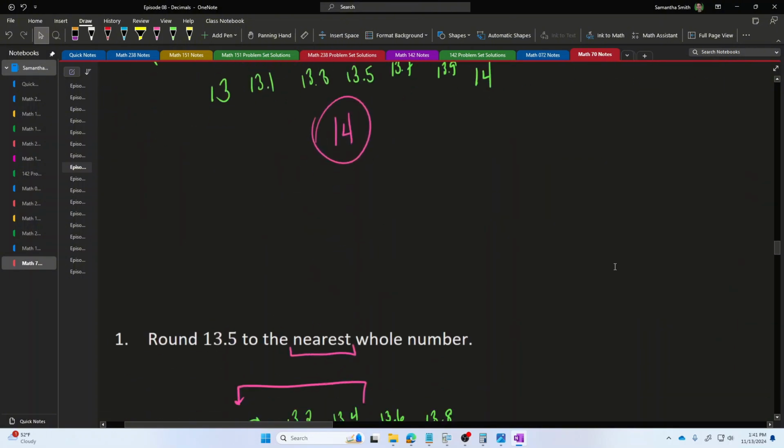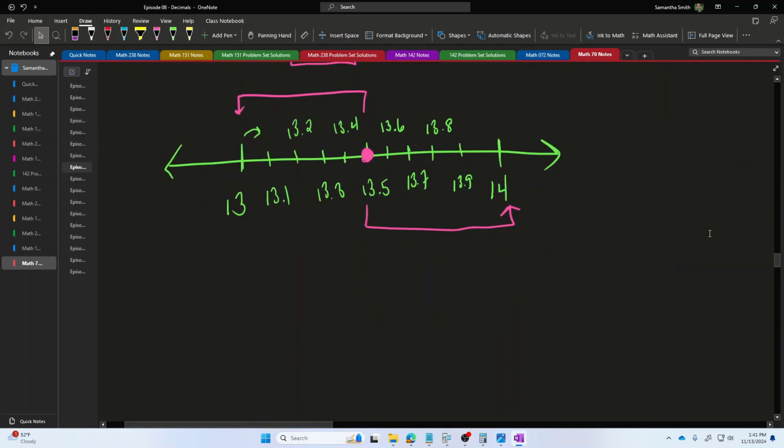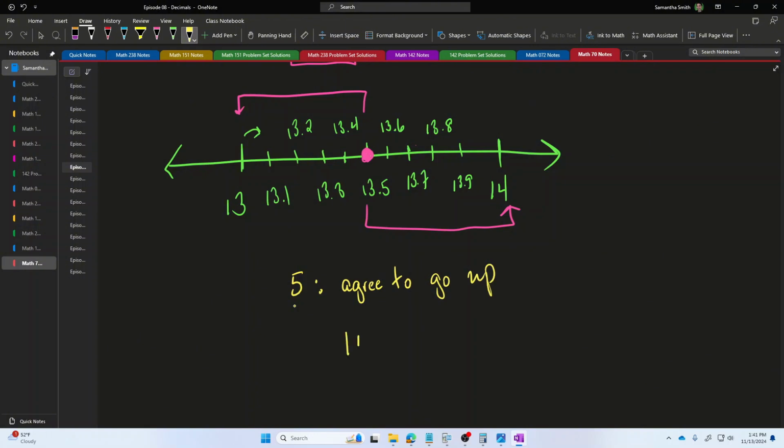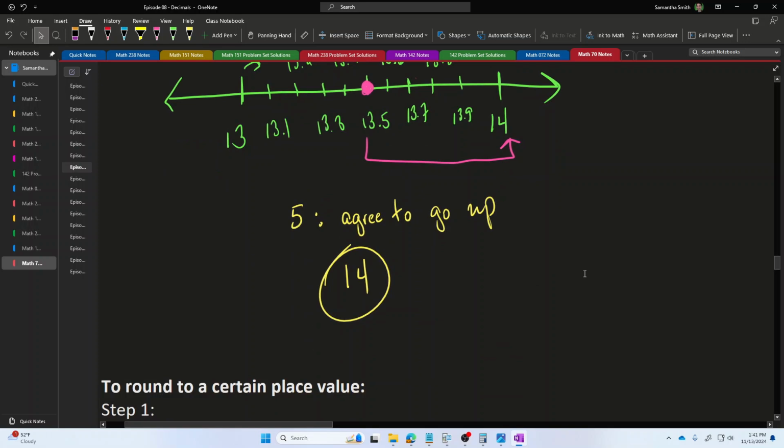And so that's what we do in this situation. If you're doing specifically 0.5 and you're rounding to the nearest whole number, we just choose and agree to go up. Based on that agreement, I would give the person the better deal. I would give them 14 instead of 13.